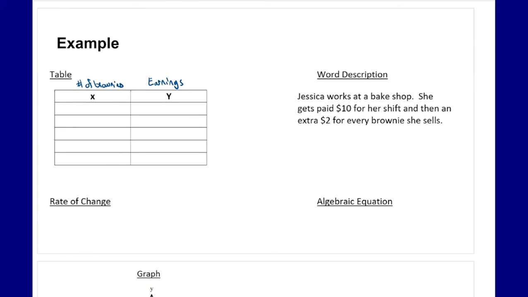So her earnings. So if she sells 0 brownies, she makes $10. 1 brownie, $12. 2 brownies, $14. 3 brownies, 16, 4, and 18. So here, in this table of values, we can see that our first differences are the same.